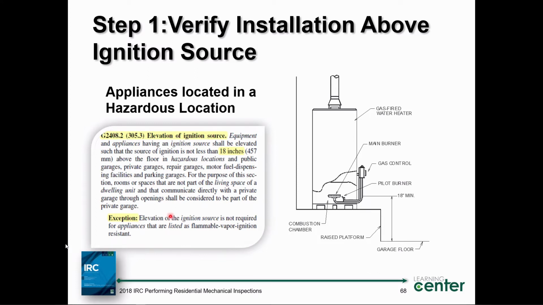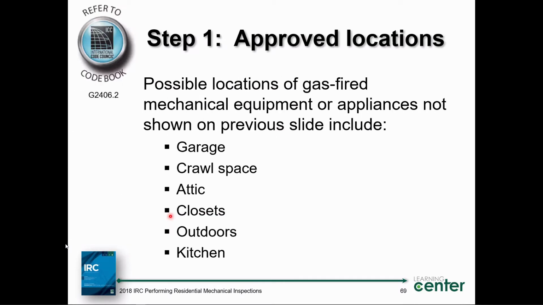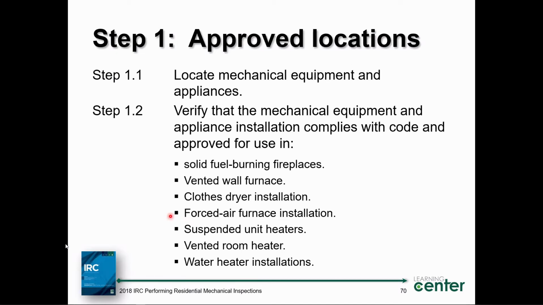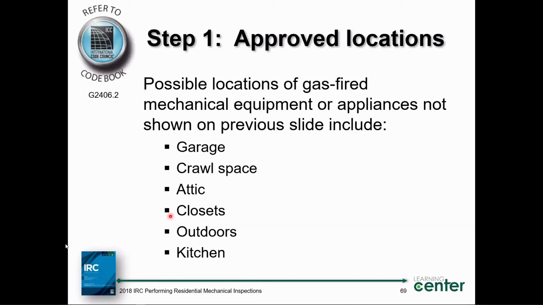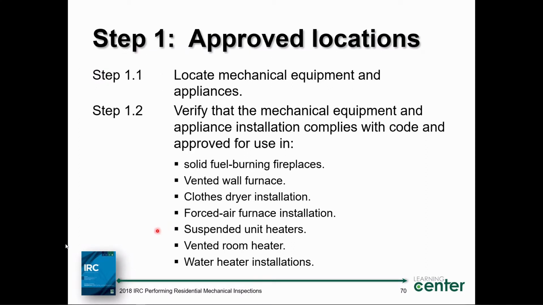Okay? Starting out basic. Where do we find this stuff? Same places we found the oil burning appliances, right? Garages, crawl spaces, attics, things of that nature. When we get into step-by-step application here, we're going to verify that the equipment and the appliances comply with the code.